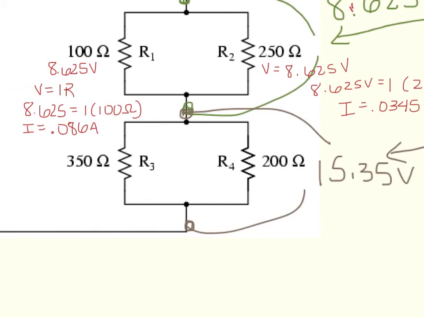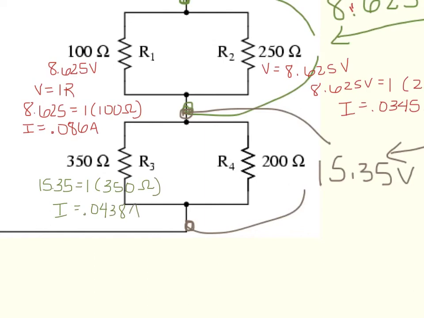Now let's follow the same process down here, solving for the currents. You would use V equals IR and the 15.35. So we would say here that 15.35 equals current times 350 ohms. Current is going to equal 0.0438 amps.